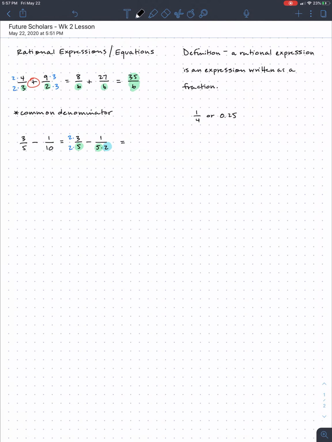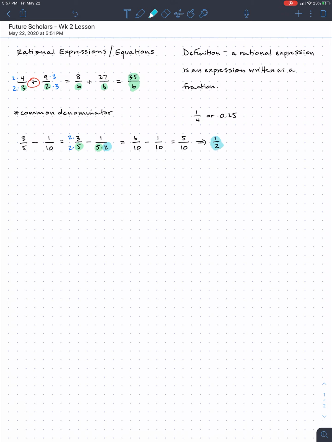This becomes 6 over 10 minus 1 over 10, which is 5 over 10. And last thing is, can we reduce this? 5 over 10 does reduce, and this reduces to 1/2. So our answer is 1/2, okay?